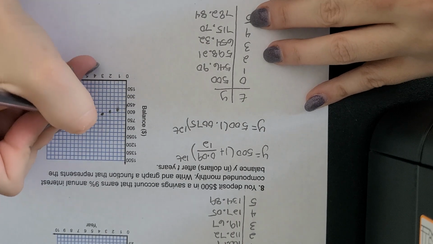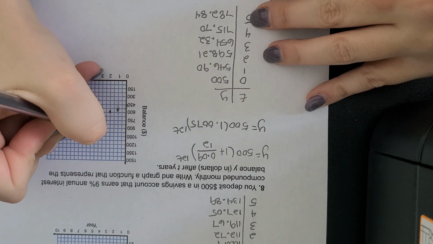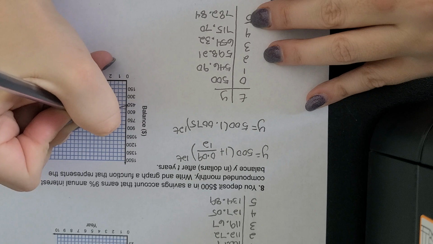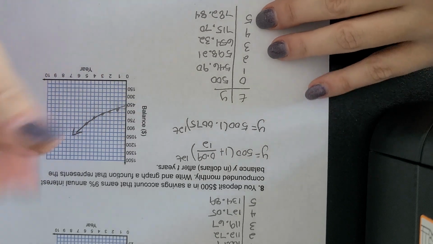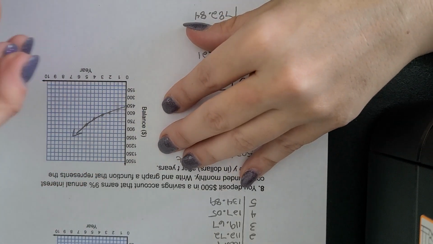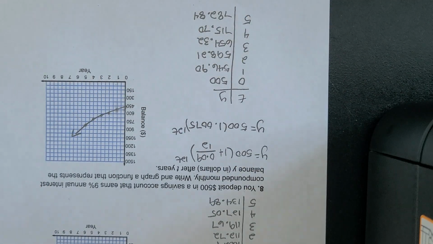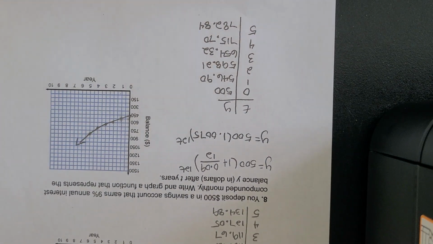And 5, 782. Obviously, I put this one in a little bit of a wrong spot. There we go. And there's my graph. So this is what your graph should have looked like, as well as your table. And that concludes our 6.4 notes.